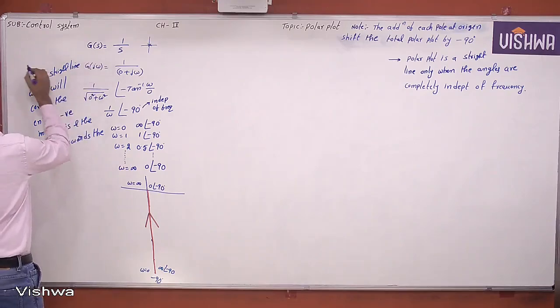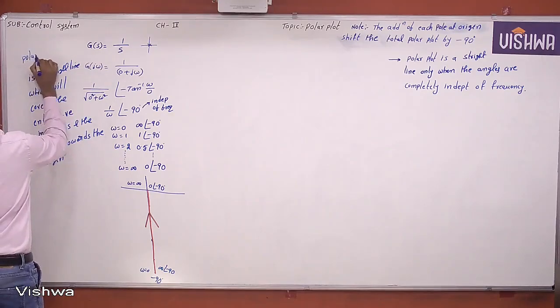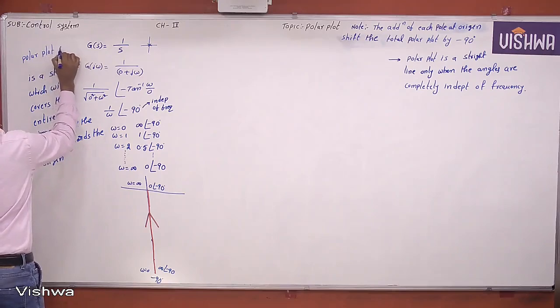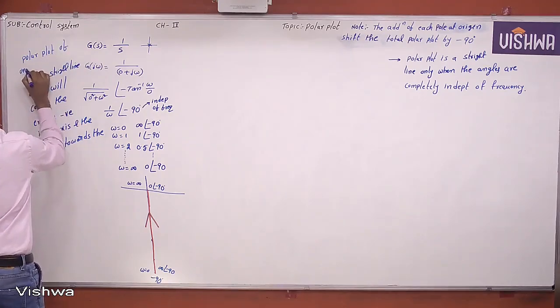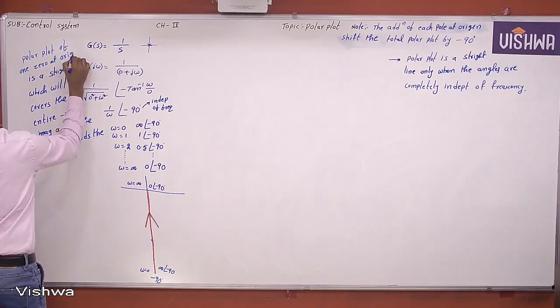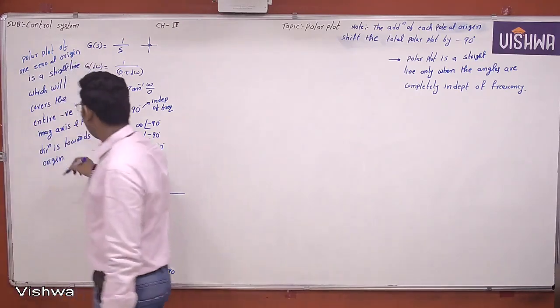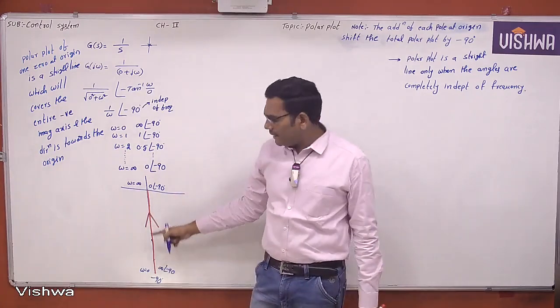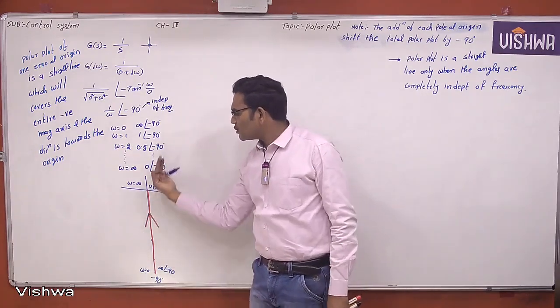This is the polar plot of 1 by s, one pole at origin. Clear or not? It is a straight line which will cover the entire negative imaginary axis, and the direction is towards the origin.